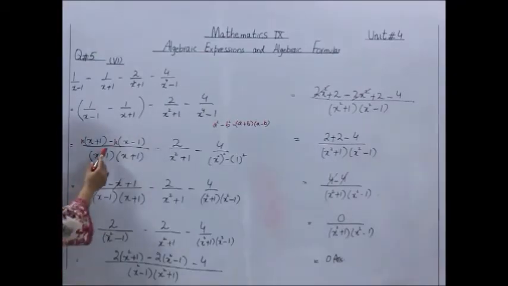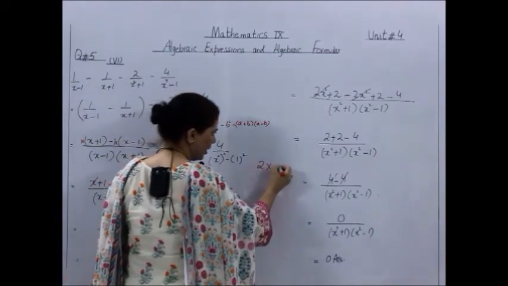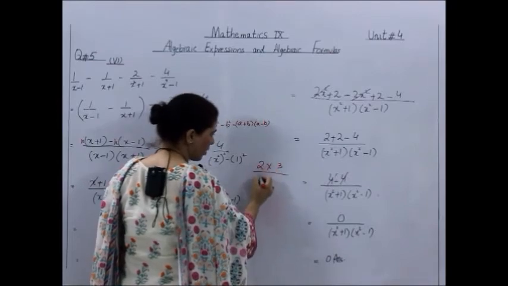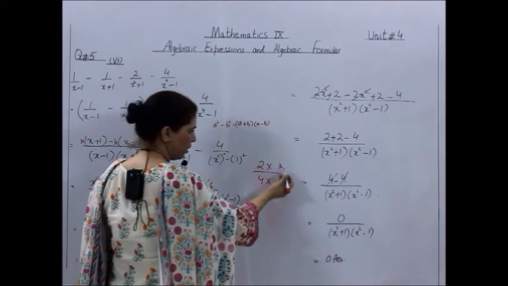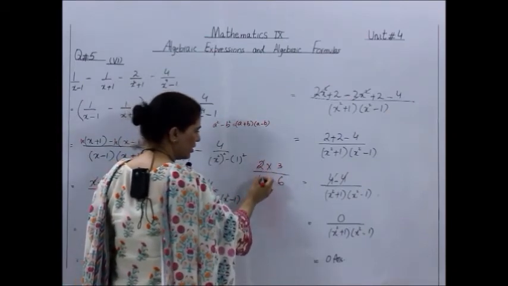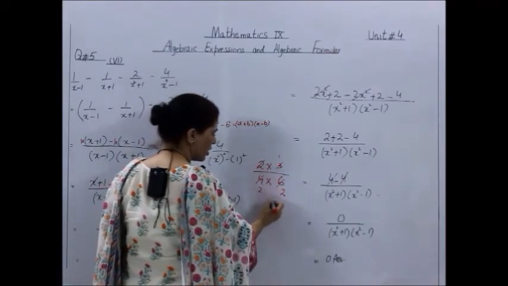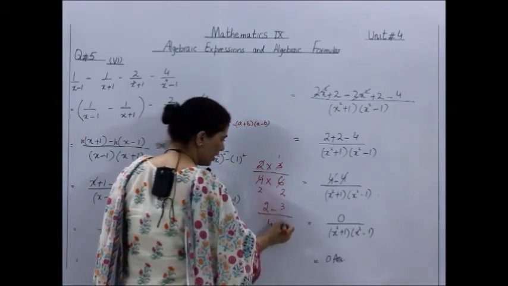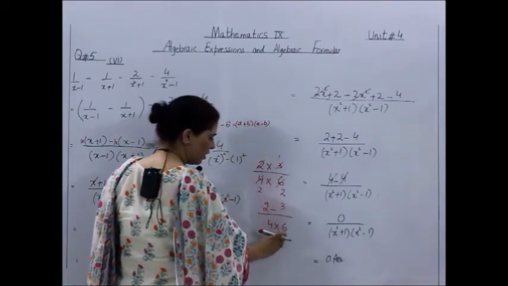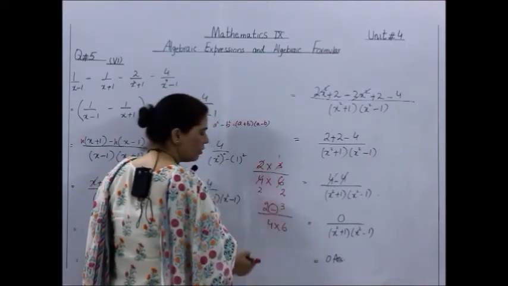Dear students, you cannot cancel this x plus 1 with this x plus 1. I am going to explain it with this example. If you have rational numbers like this, you can easily cancel 2 with this 4. 2 2s are 4, 3 1s are 3, 3 2s are 6. But you cannot cancel if it is written like this. You cannot cancel this 3 with this 6 and this 2 with this 4 because you have this minus sign.